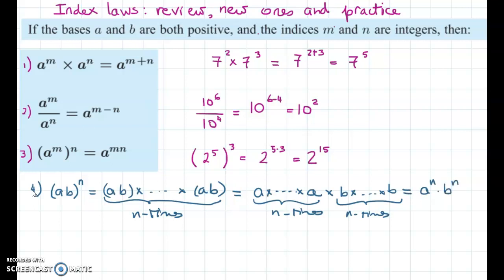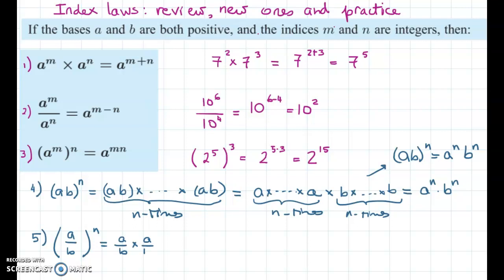So let me just write over here, the property says a times b to the power of n is equal to a to the power of n times b to the power of n. We have also a similar property if we are dividing a by b, so we have a over b to the power of n. We could write that we are multiplying the fraction a over b times itself n times.